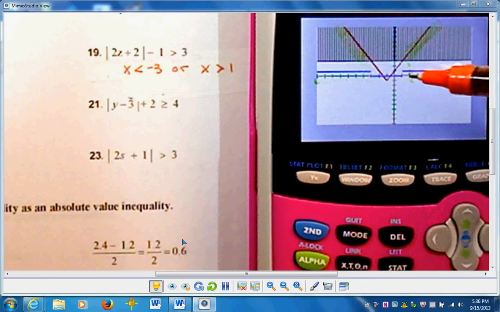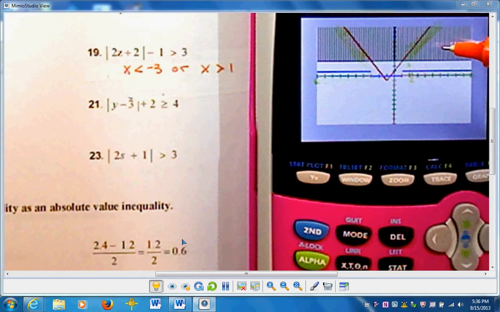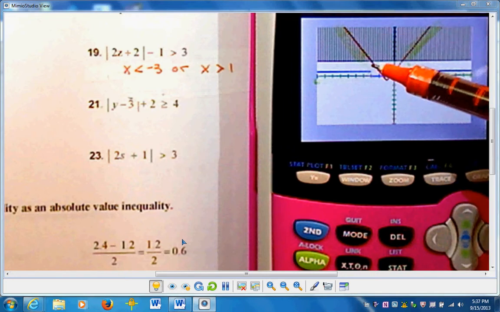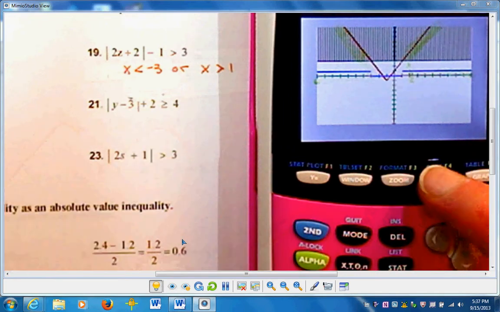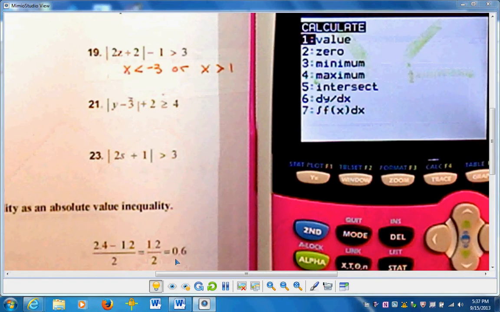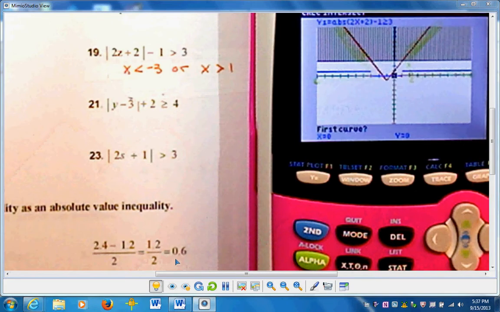And here, this blue line is in the shadow of all the region that's in the shade. So these two graphs mean the exact same thing. So I could get my intersection here, and I would go second, trace, intersection, which is 5.